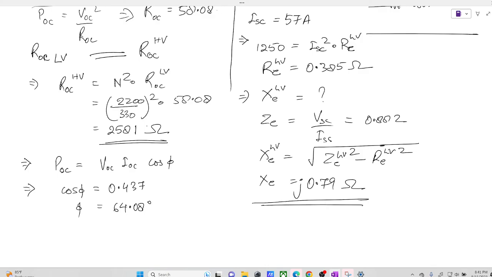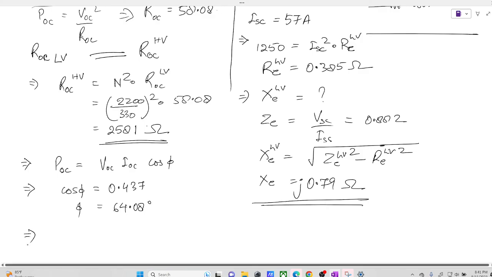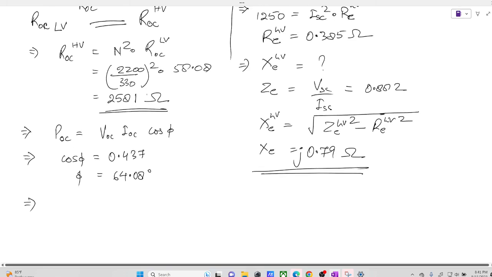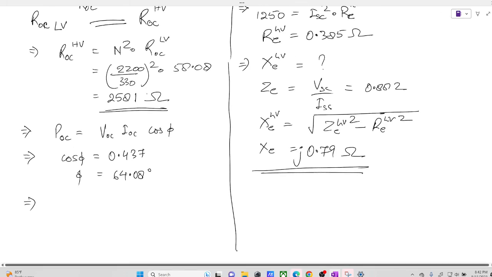So phi is equal to cos inverse of that, which is 64.08 degrees. Now in a parallel RL circuit there are multiple ways to solve this; I am following one approach.